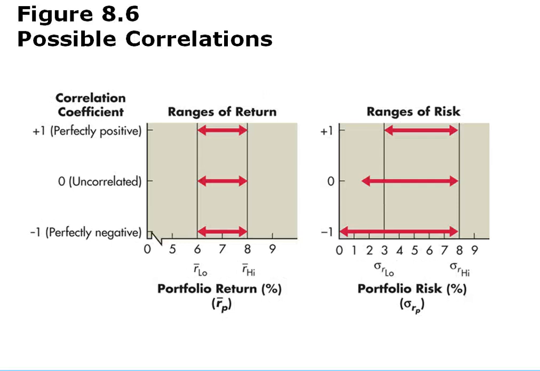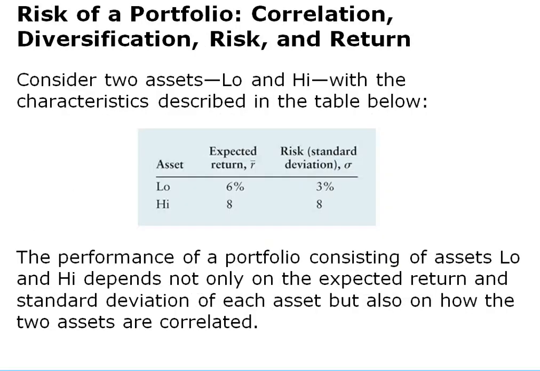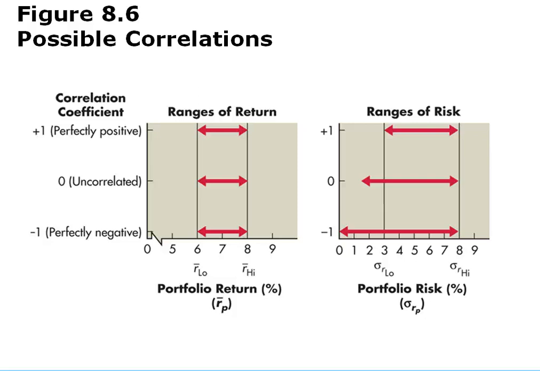So possible correlations. So the range of returns as far as perfectly positive, uncorrelated, and negatively correlated for the high asset is from 6 to 8%. So these are the range of returns and the correlation of the assets.